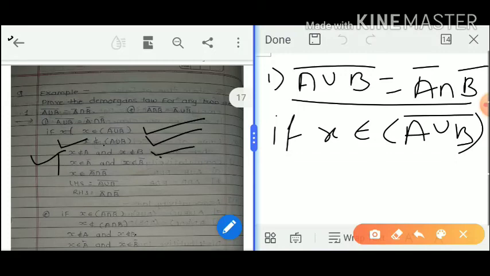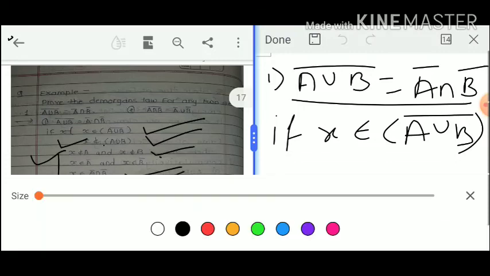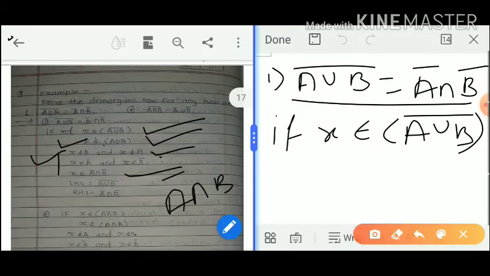So X belongs to A complement, and X belongs to B complement.